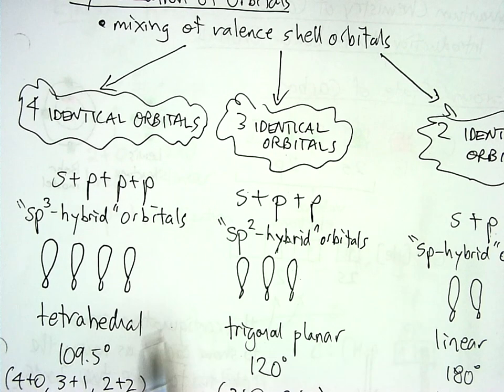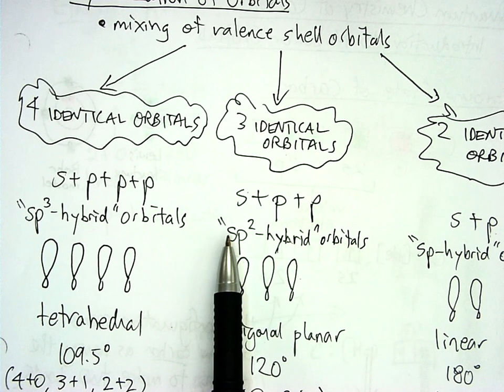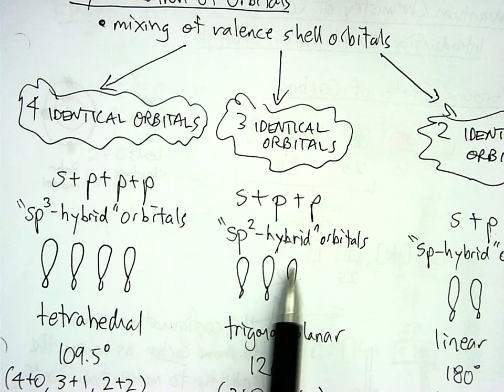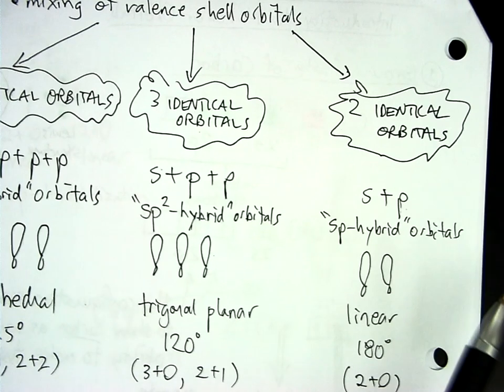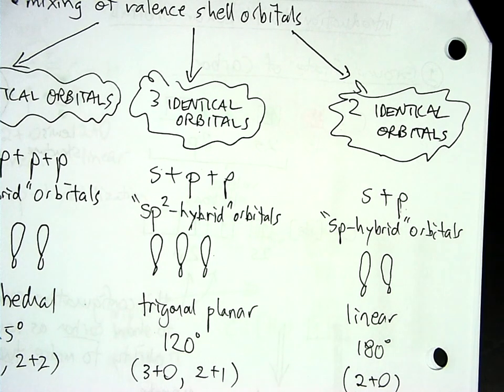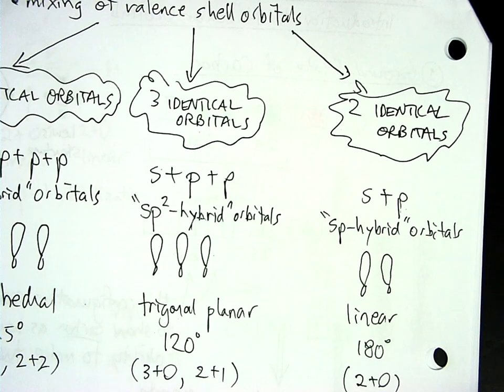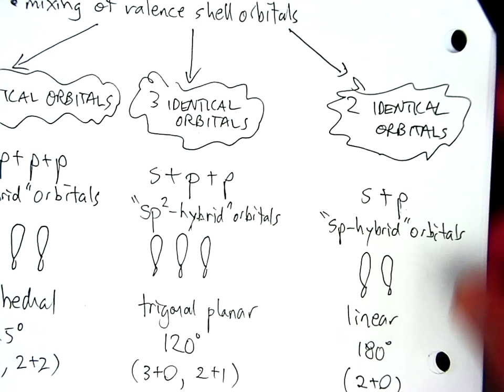If we only mix it with 2 p's, they're going to be called sp2 hybrid orbitals. Okay? So each one of these is an sp2 hybrid. And if we only mix an s with 1 p, these are going to be called sp hybrid orbitals. Okay, so keep all that in mind when we're looking at a few simple structures with carbon.